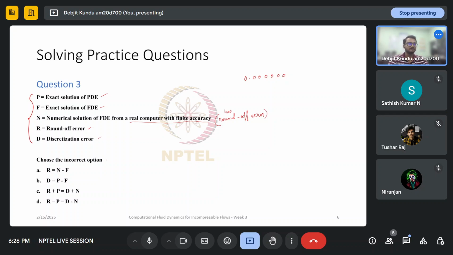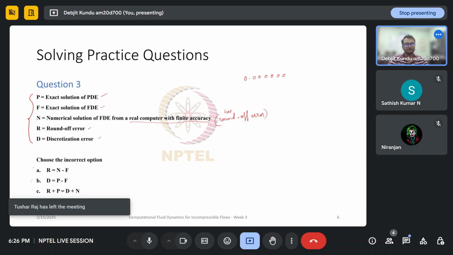Now you have to pick the incorrect option from the four cases over here. So there are four mathematical equations given here. You have to find out which of these equations are correct and which one is incorrect. So there is one incorrect option hidden within three correct options over here.